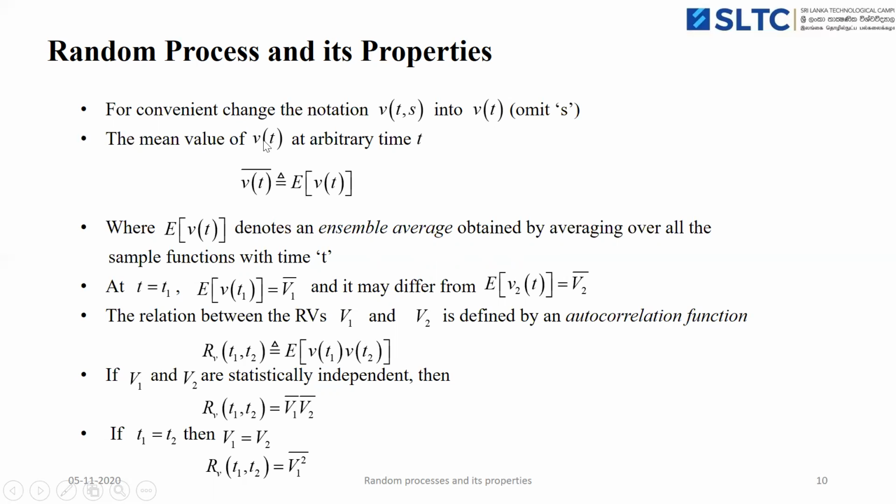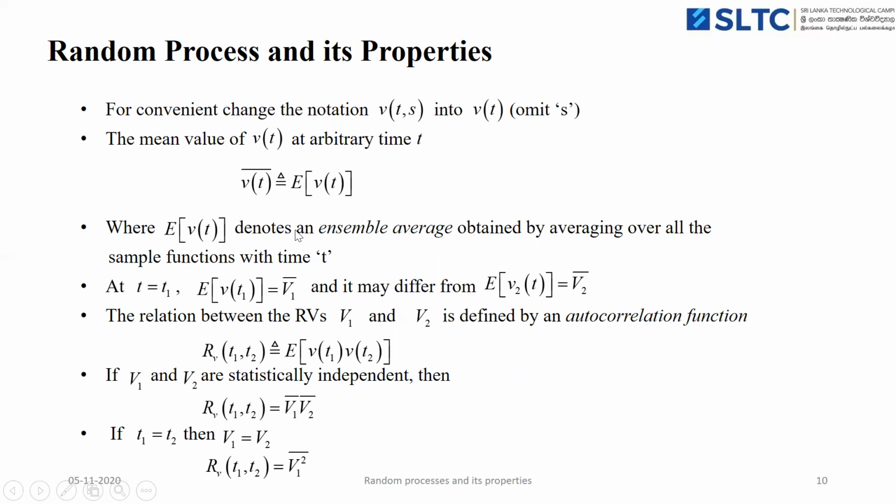Then we can find the mean value for the random process V of t at arbitrary time t, which is equal to the expectation of V of t. We follow the same procedure as when estimating the mean value of a random variable. The only difference is that the random process is a function of time, V of t, and we have to take the expectation of it.